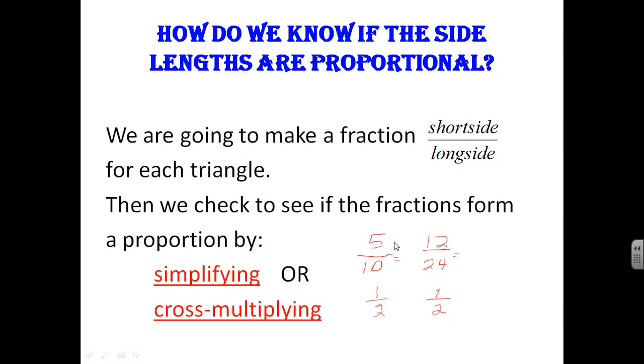Now, if we chose to, we could cross multiply here and do 24 times 5, and I'm not going to take time to show you, but that equals 120, and 10 times 12 equals 120. So if those cross products are the same, that means the fractions do form a proportion. Remember, a proportion is just 2 fractions that are equal to each other, or 2 ratios that are equal to each other.